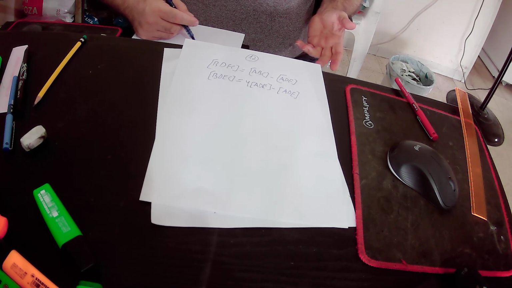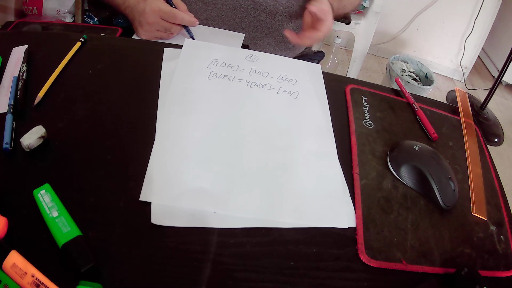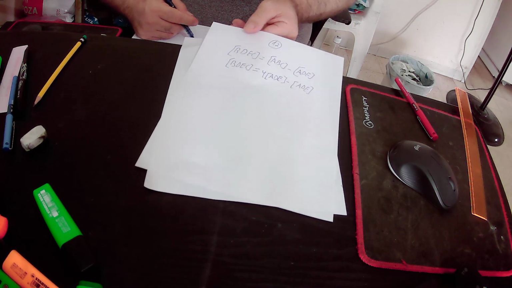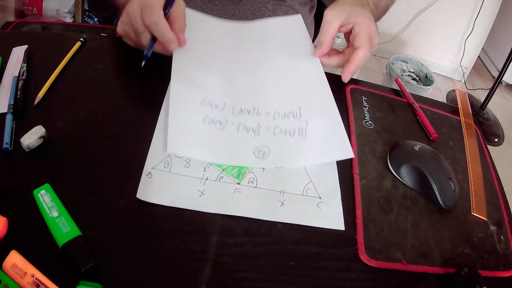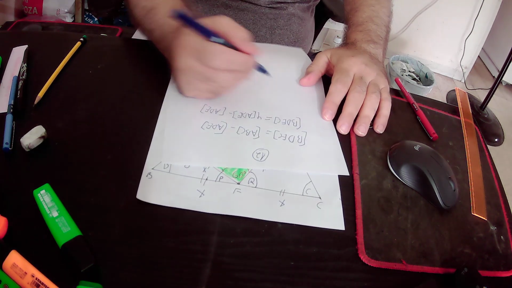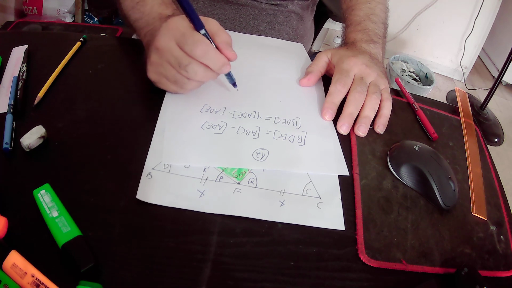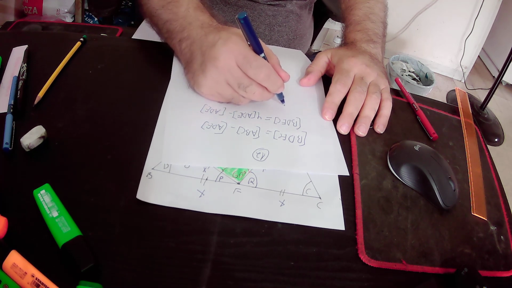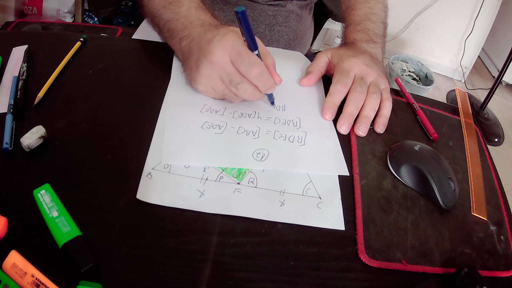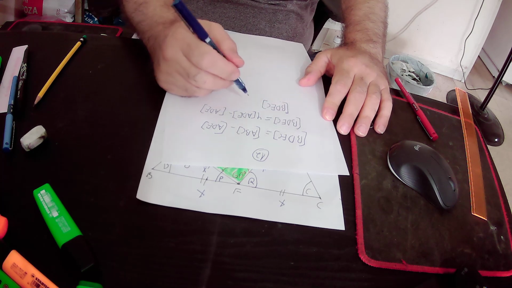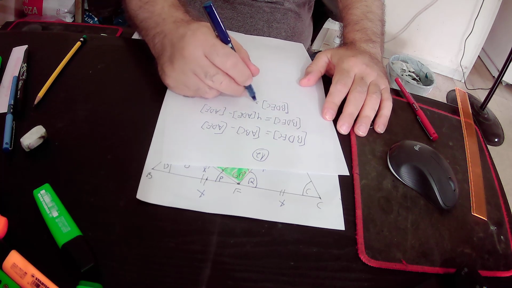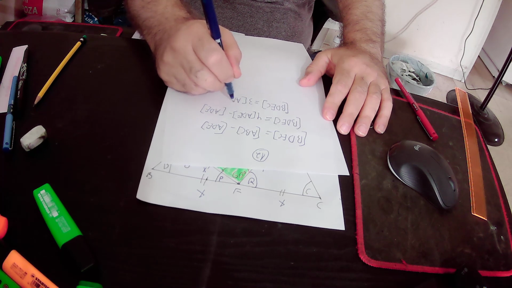4 minus 1 is 3, so the area of quadrilateral BDEC equals 3 times the area of triangle ADE.